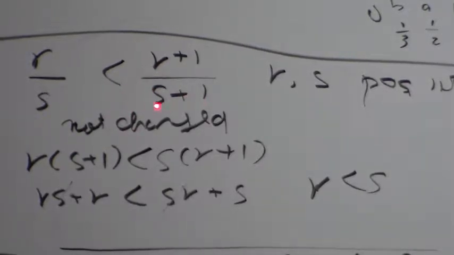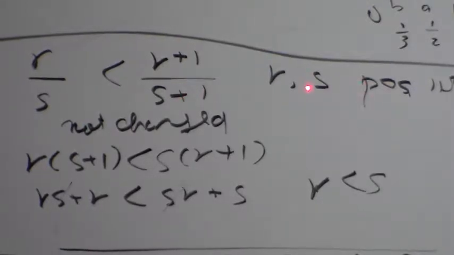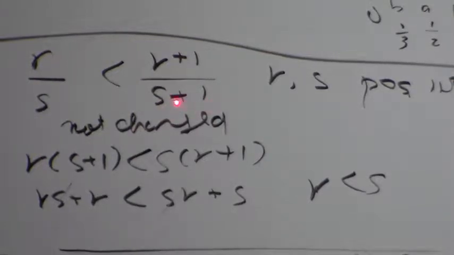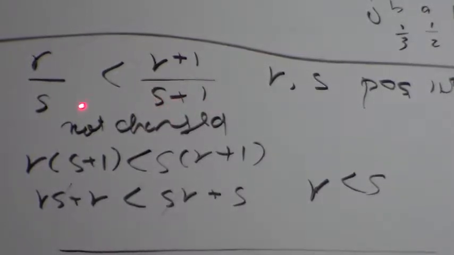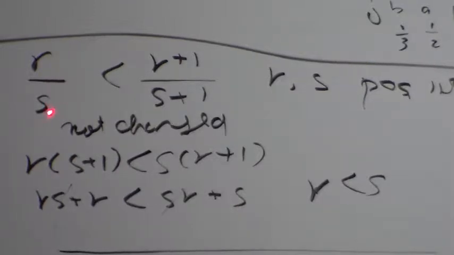To get rid of this one, s plus 1 is positive because r and s are positive, right? So s plus 1 is positive. We're going to multiply s plus 1 on each side. And then after that, I'm going to multiply by s on each side. So this s is gone, but s is up here.